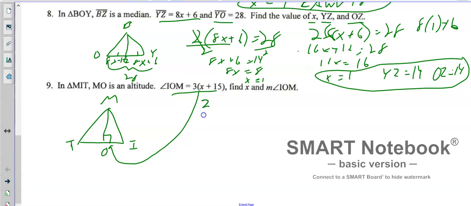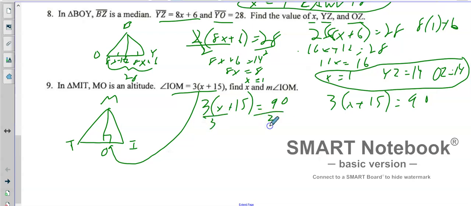So we just put 3x plus 15 equals 90. And again, I could do this one 2 different ways. Okay, I could get rid of the 3 first and have x plus 5 equals 30.